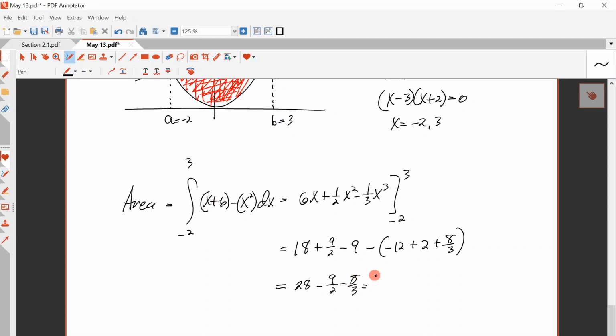Yeah, 20.833. Okay, so that's the area between those two curves.